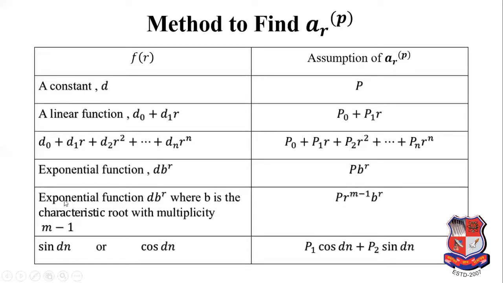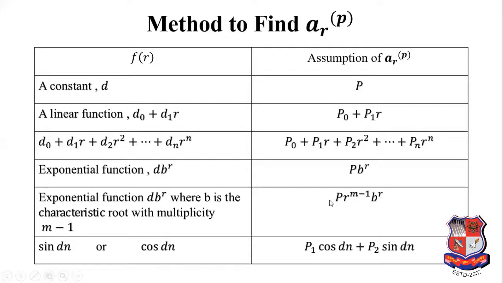In the case of the exponential function d b raised to r, where b is the characteristic root with multiplicity m minus 1, that means the characteristic equation has the root b and that root b repeats m minus 1 times, in that case we need to assume a_r^(P) as P r to the power m minus 1 times b raised to r.